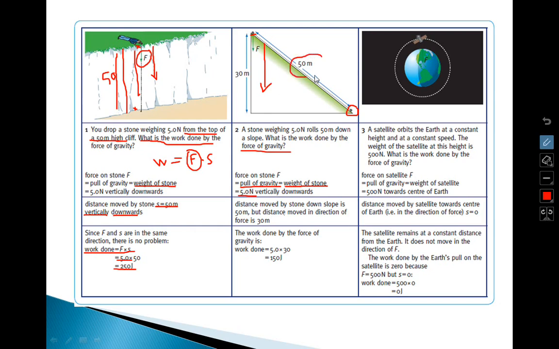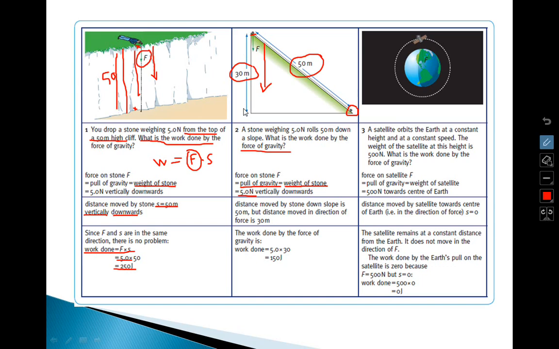Now what's the distance? Is the distance 50 or the distance 30? Is it the distance along the slope, or the distance in the same direction as the force downwards?